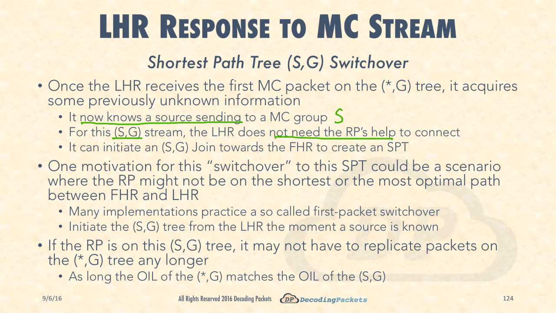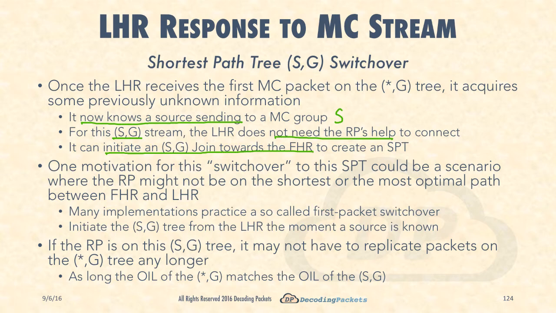They're both, the RP and the LHR, now aware of a source that is sending to the stream. So they have complete information for the S comma G stream. And what the LHR can do is the exact same thing that the RP did. It can now initiate an S comma G join towards the FHR independently of the RP.